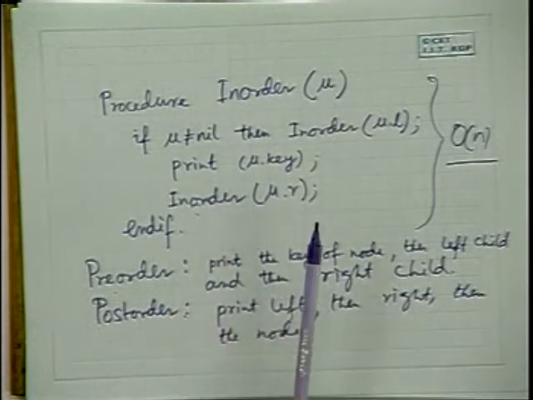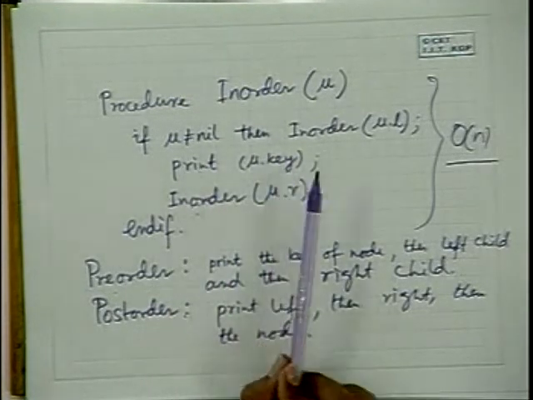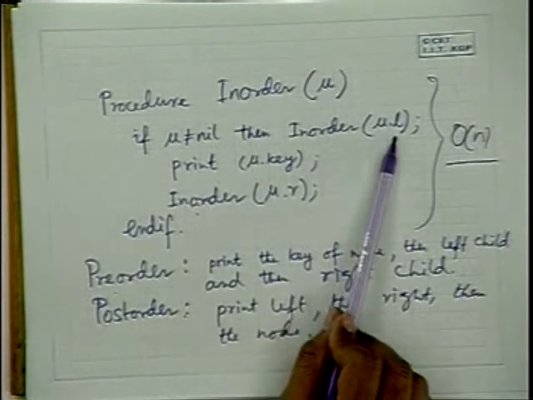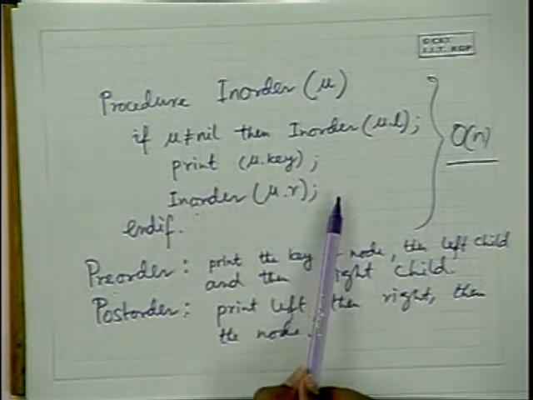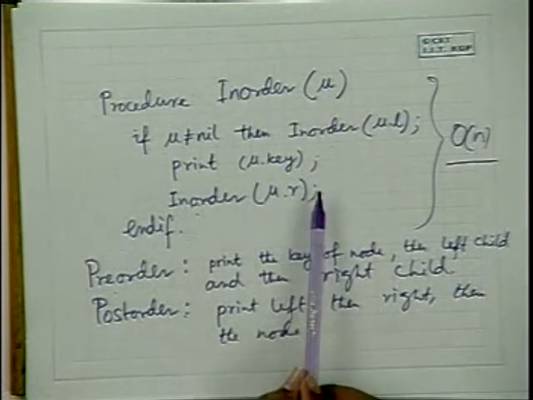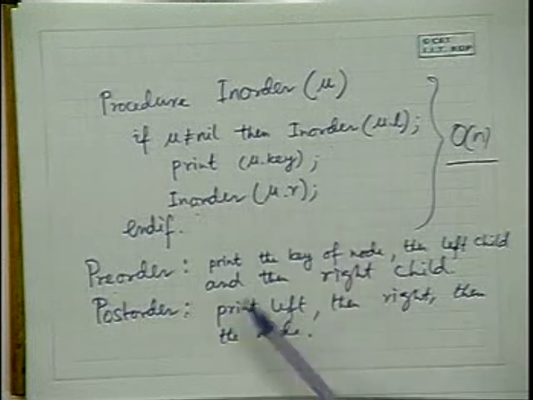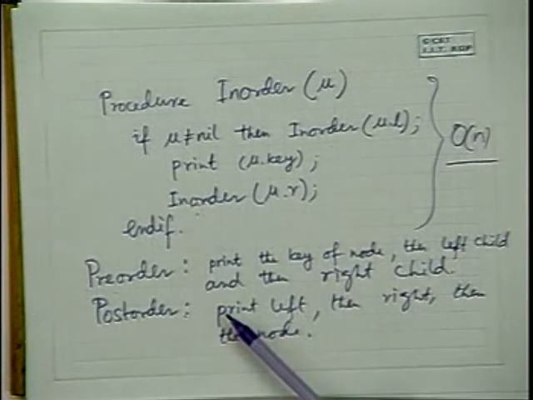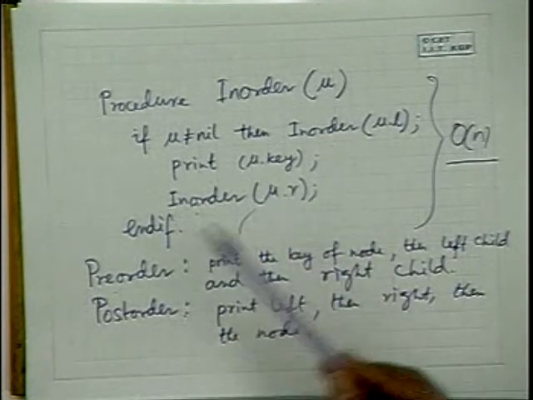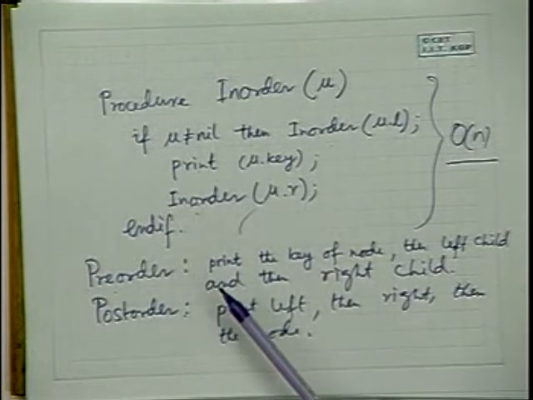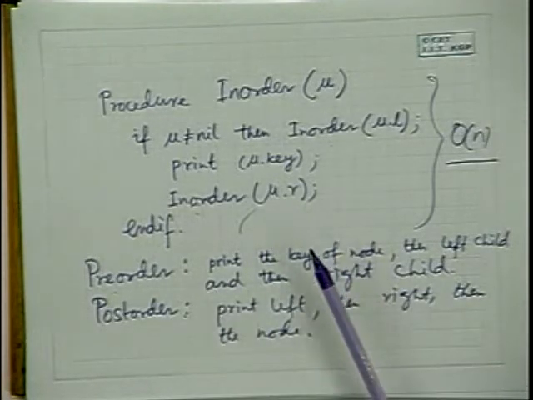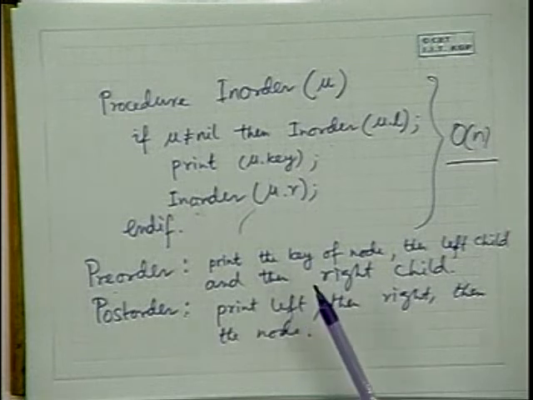Then you have to do print mu dot key, then pre-order mu dot l, pre-order mu dot r. And in case of post-order, just do first post-order mu l, post-order mu r, then print. The order of these three statements just gets commuted to get three different ways of traversing this tree.